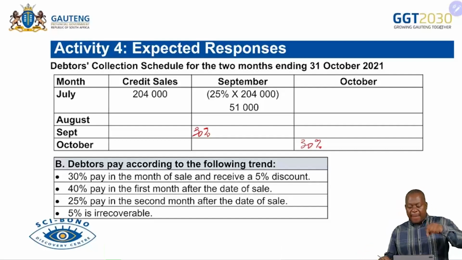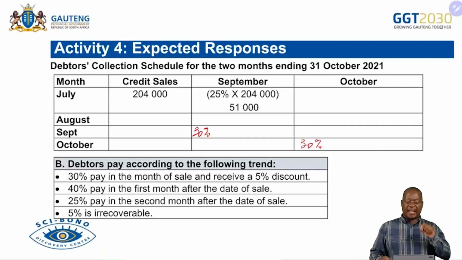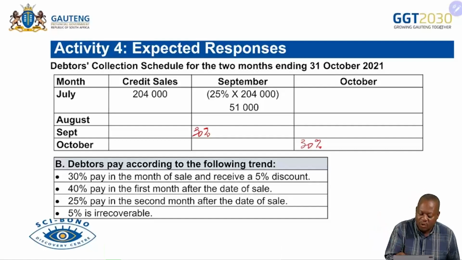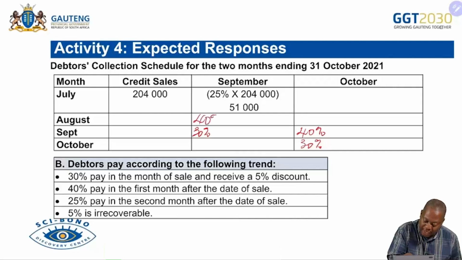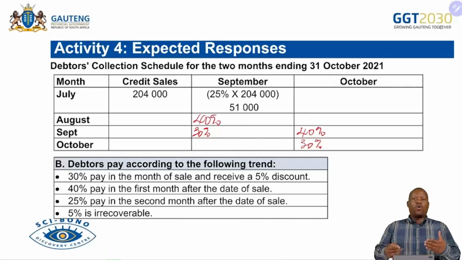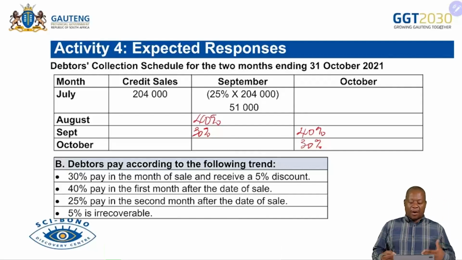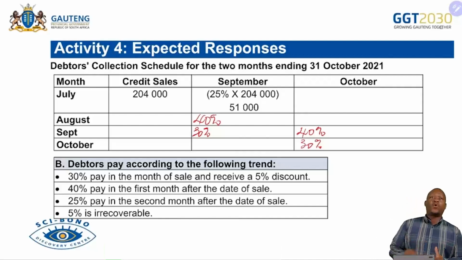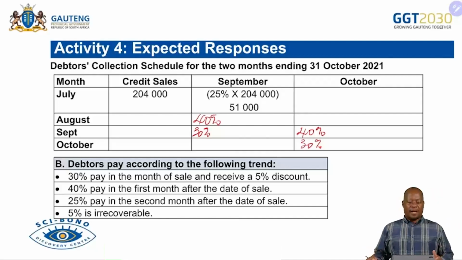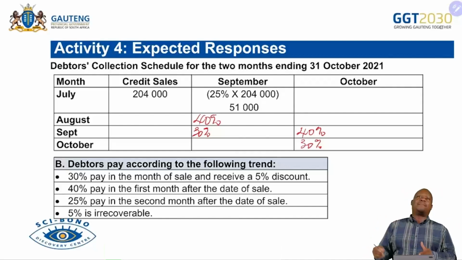40% pay in the first month after the month of sale. So we are just going up now. 40% they pay here, and then the other 40% they also pay here. We are now going from the bottom going up, because the month that follows September is October, the month that follows August is September.